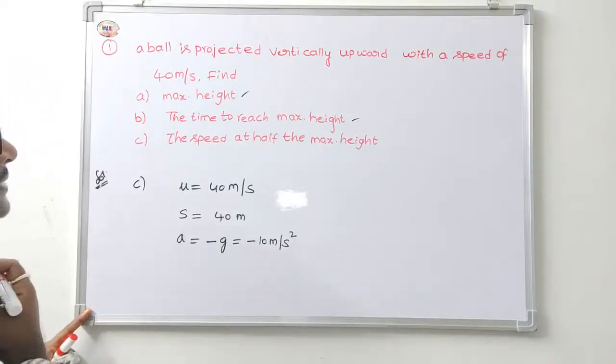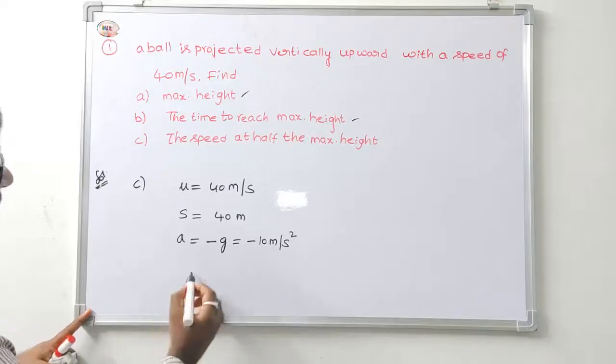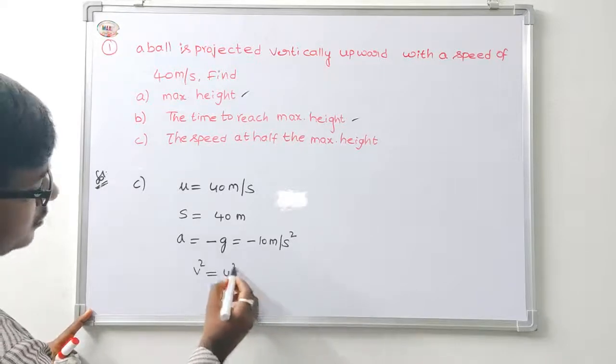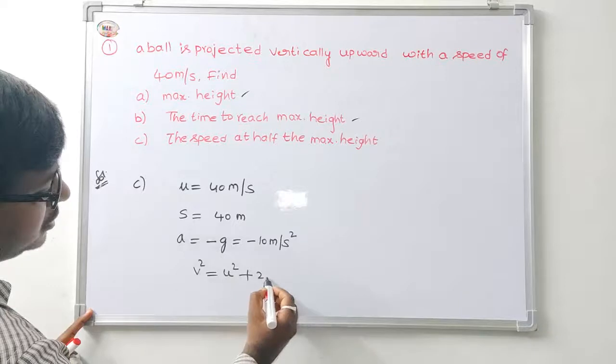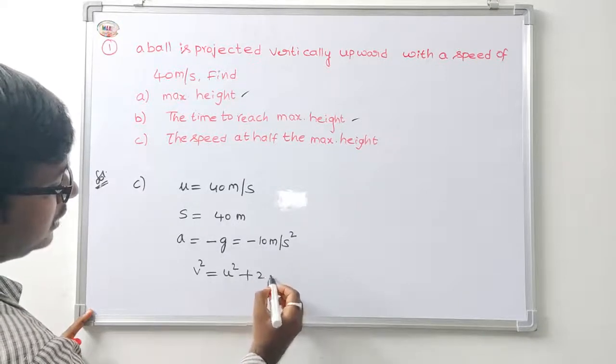Using the kinematics third equation, v square is equal to u square plus 2as.